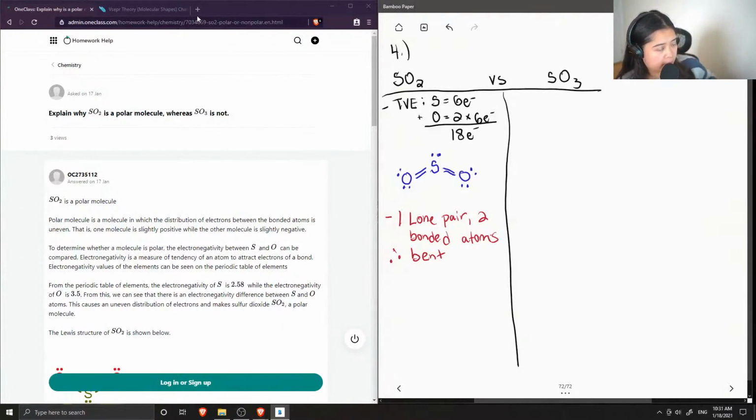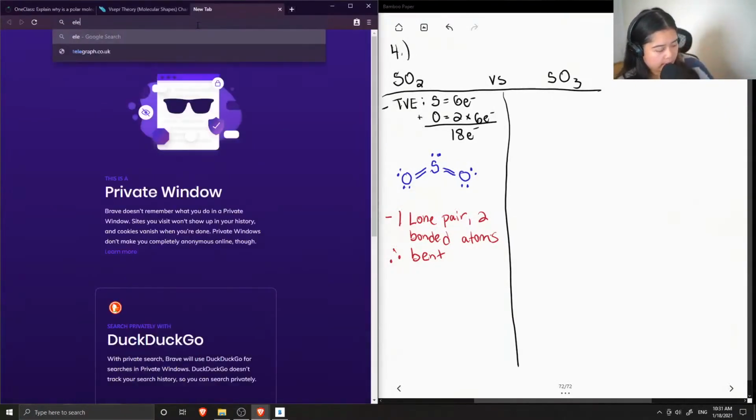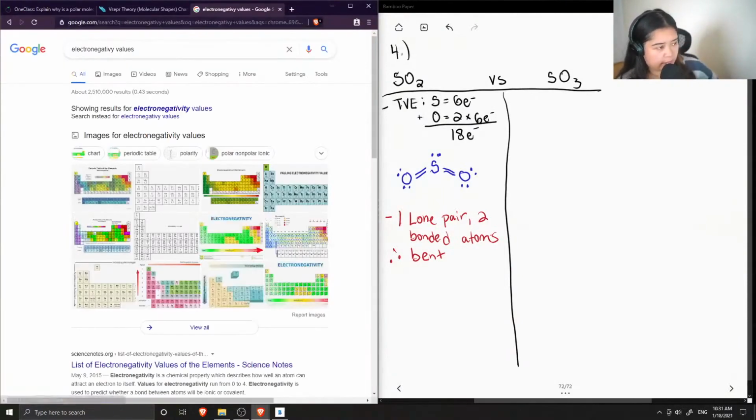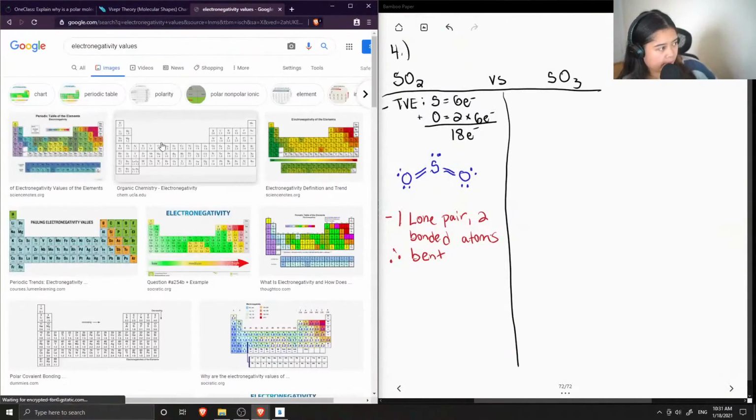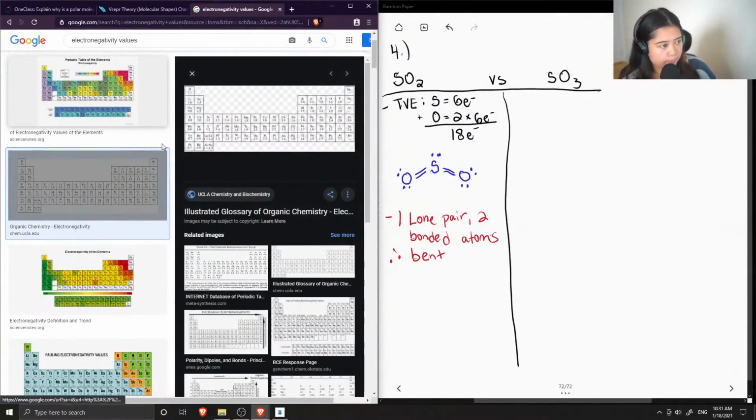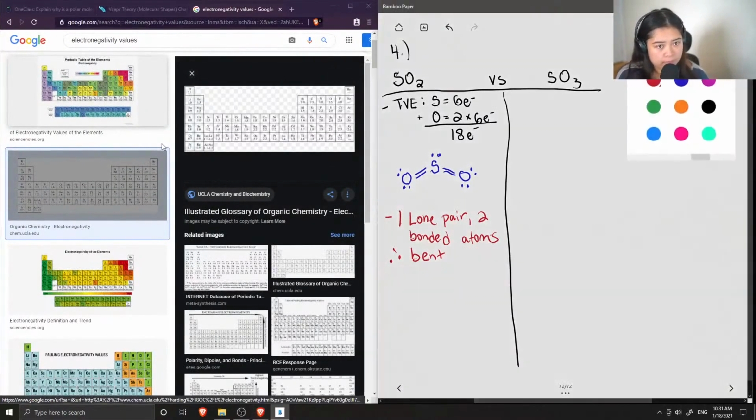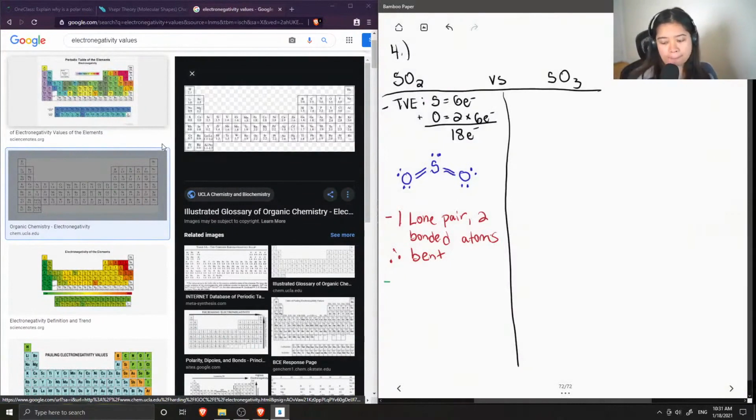And what we also need to calculate is the electronegativity difference between a sulfur atom and oxygen. Electronegativity difference is a big aspect of how one can find out whether or not a bond is polar or not polar.